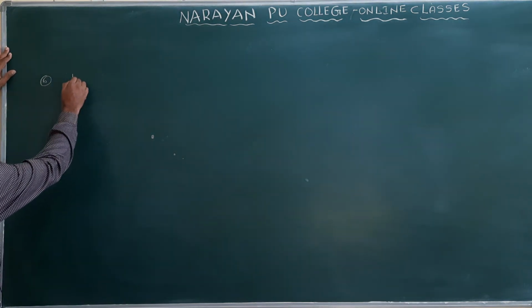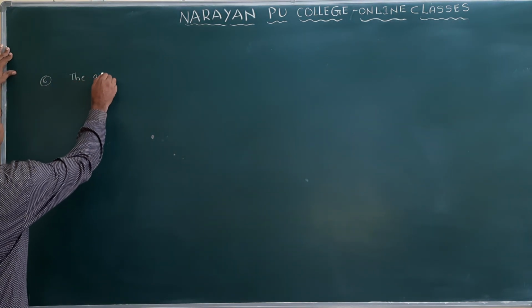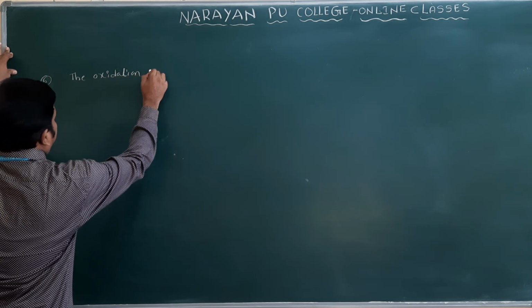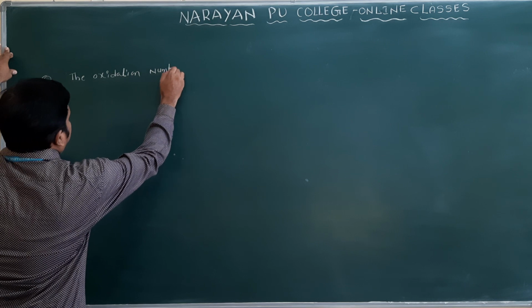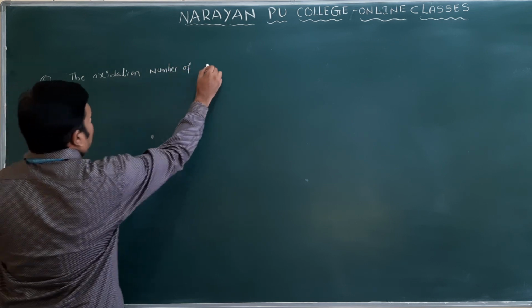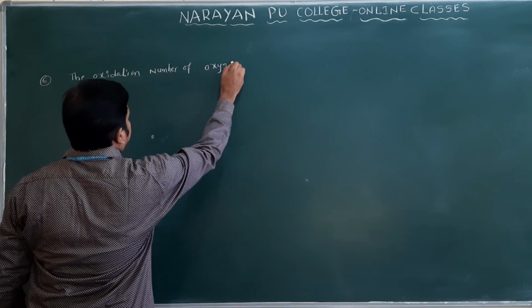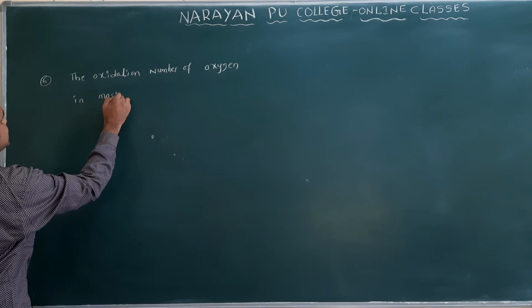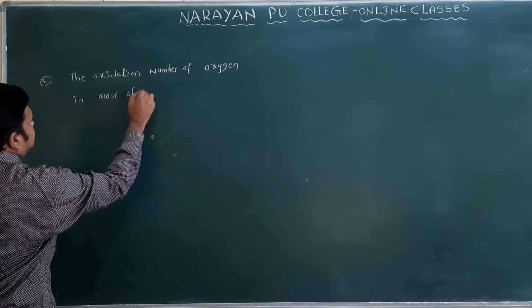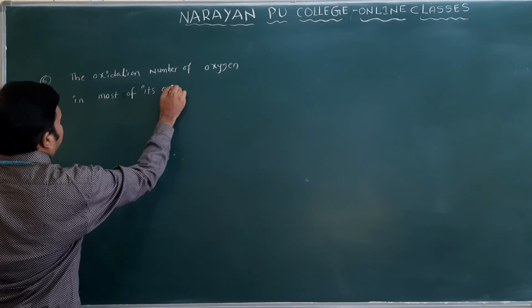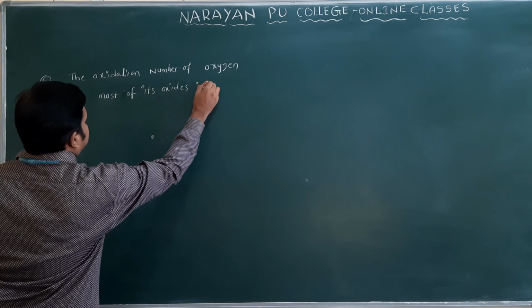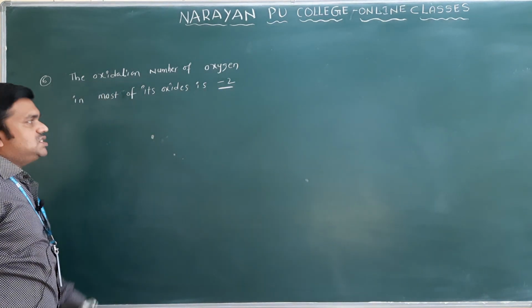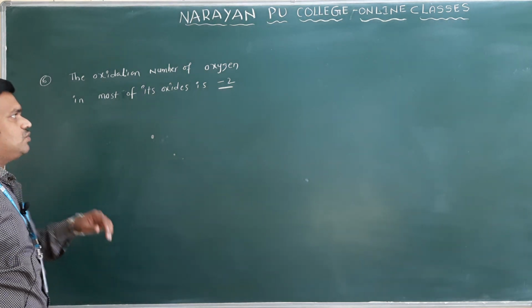The oxidation number of oxygen in most of its oxides is -2. In general oxides, it will show a -2 oxidation state.